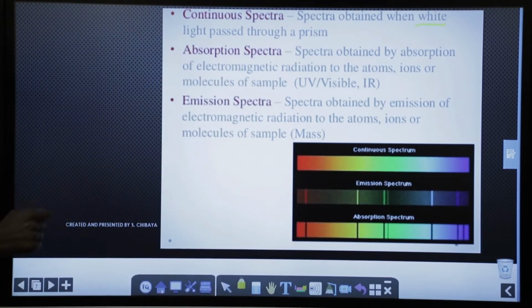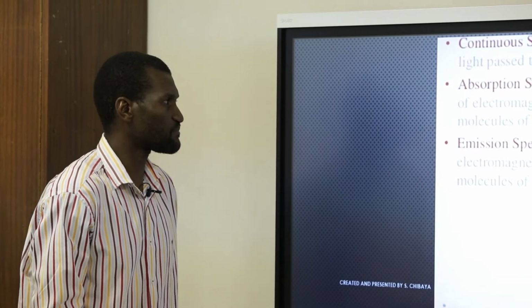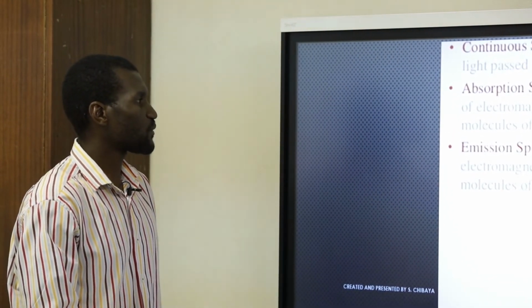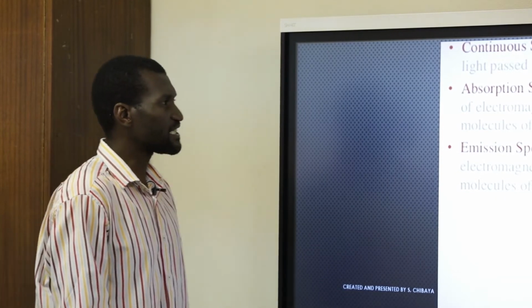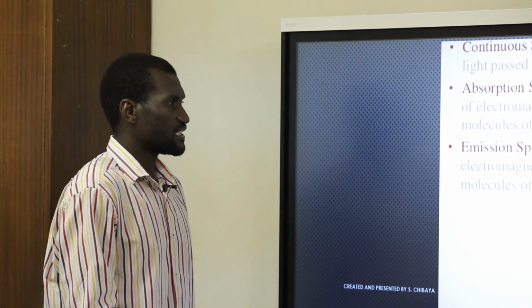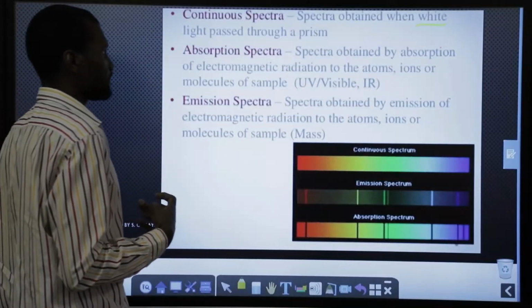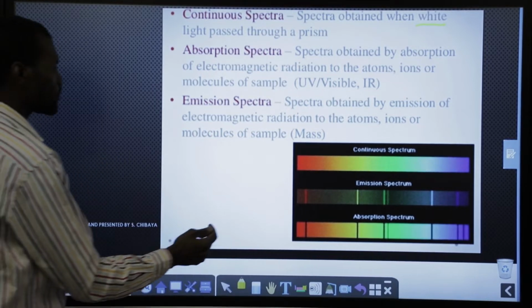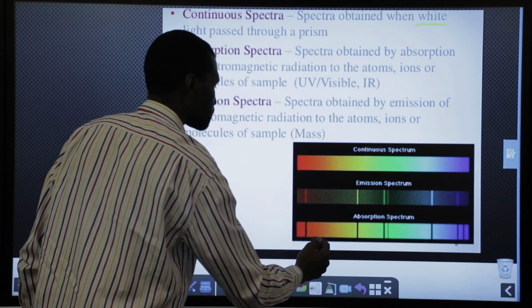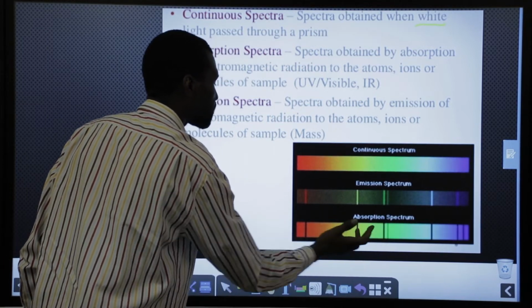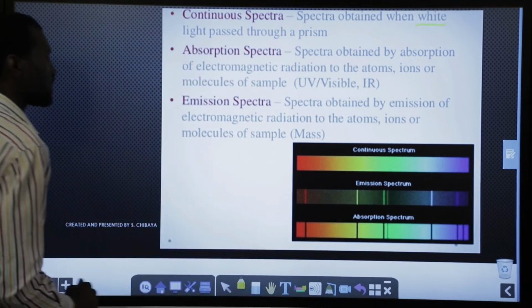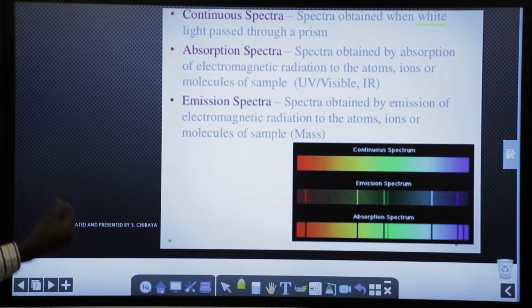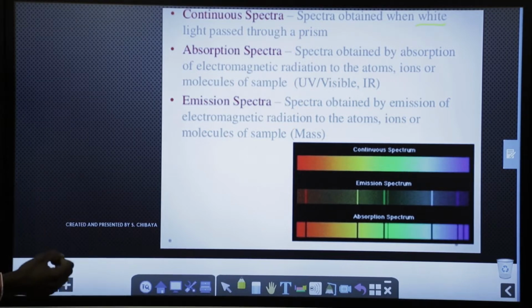But an absorption spectrum is when electromagnetic radiation is being absorbed by atoms, ions, or molecules, and we produce what we call the absorption spectrum. The inverse of the absorption spectrum is the emission spectrum, obtained by emission of electromagnetic radiation from the atoms, ions, or molecules of a sample of mass.